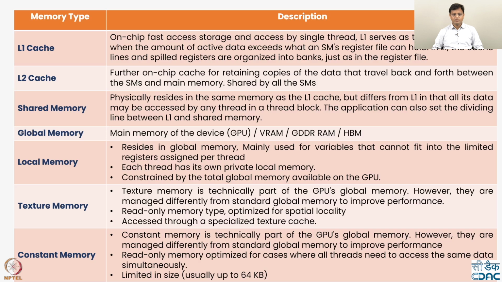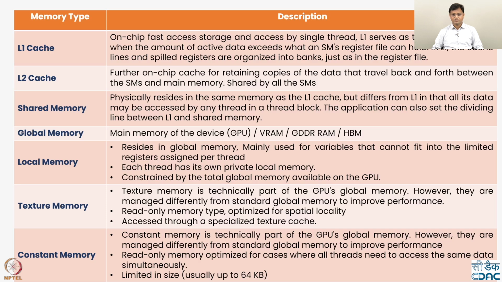Now, shared memory is a physical memory that resides in the same memory as the L1 cache, which I already discussed with you earlier. In earlier NVIDIA architectures, shared memory was separate and L1 cache was separate, but nowadays the shared memory is dynamically declared in a program, and it resides on the L1 cache.